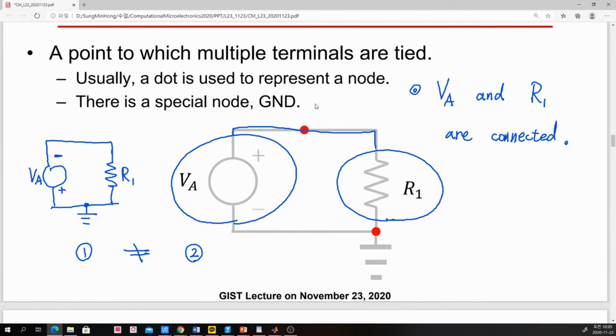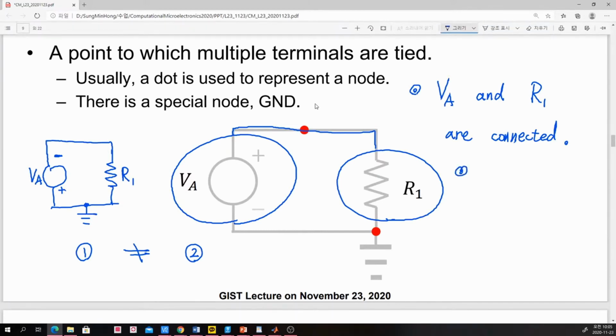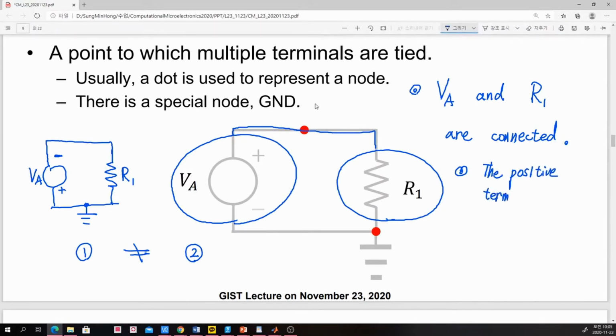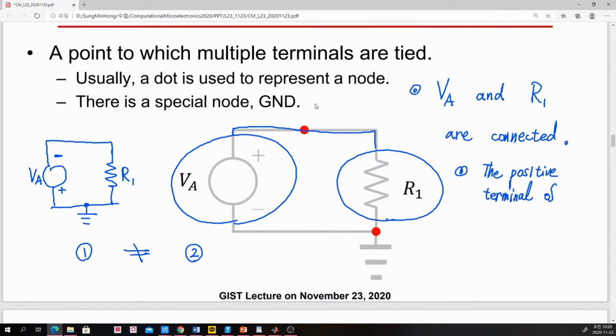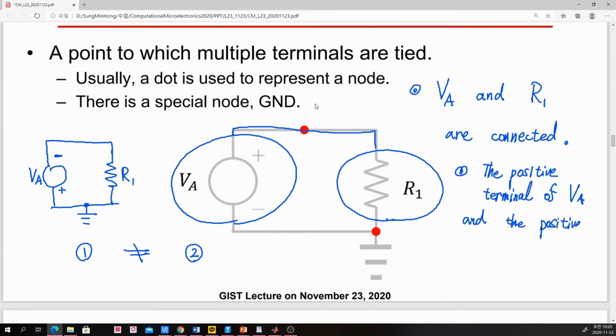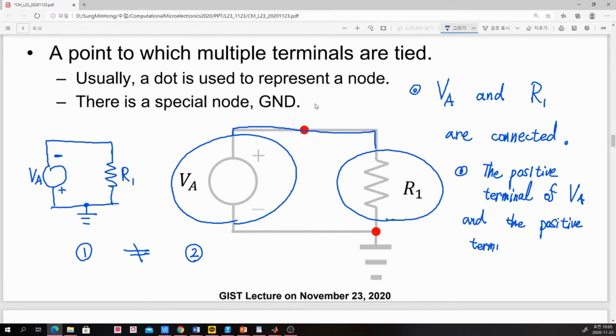It sounds great, however, it is not sufficient to fully identify the connectivity. Then how can you do that? It is more reasonable to say it like this: the positive terminal of VA and the positive terminal of R1 are connected.